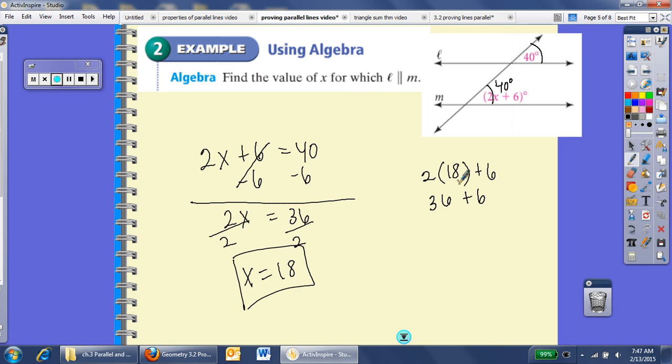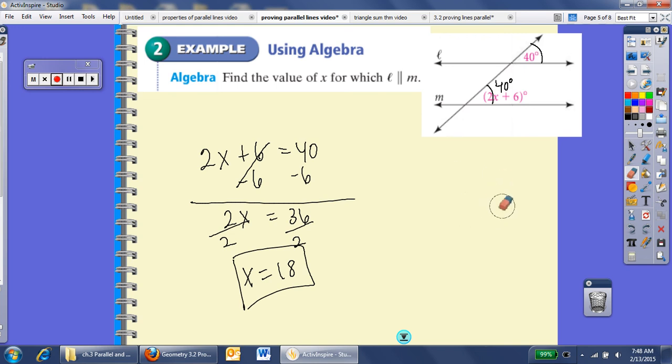So let's go back and change this because I can see here this isn't going to equal 40 degrees. Checking our math on this part, 36 divided by 2, that looks like it's 18. 2 times 18 is 36 plus 6. So we must have a mistake somewhere.